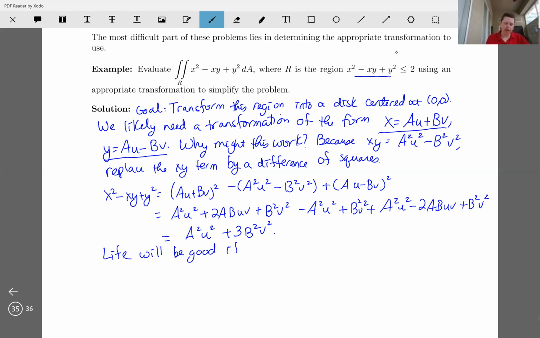if we can find two numbers, a and b, so that a squared is going to be equal to 3b squared. And we also want, because we have this 2 on the right-hand side, we need both sides to be divisible by 2.